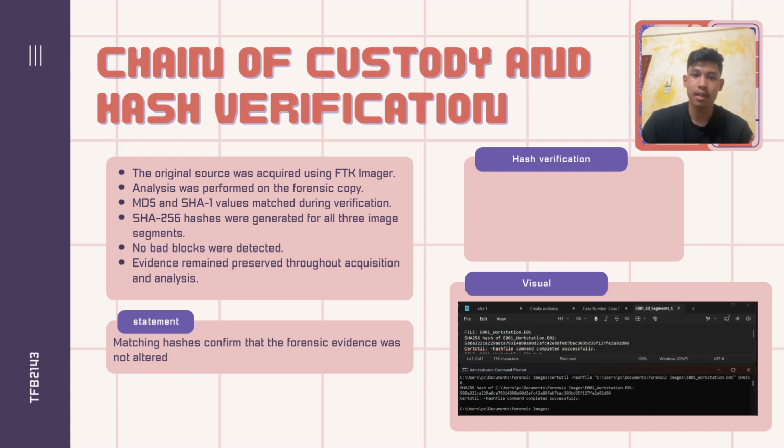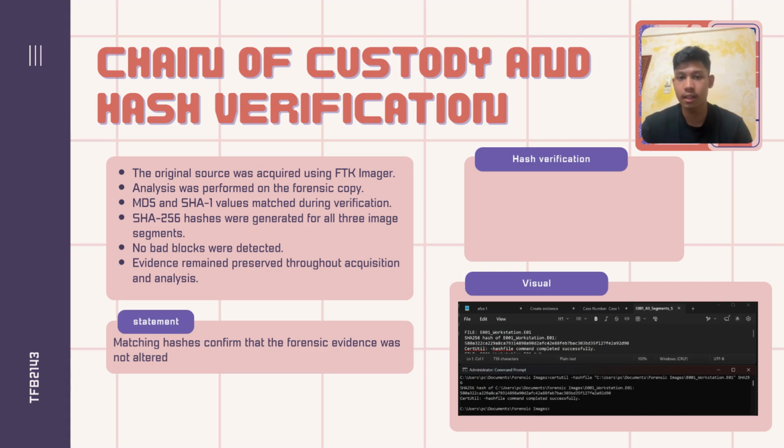In addition, SHA256 hashes were successfully generated for all 3 image segments, which are E01, E02, and E03. The verification process also showed that no bad blocks were detected. This means the forensic image was acquired successfully and the evidence remained preserved throughout the acquisition and analysis process.